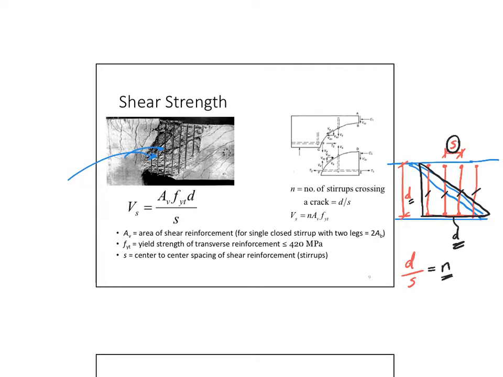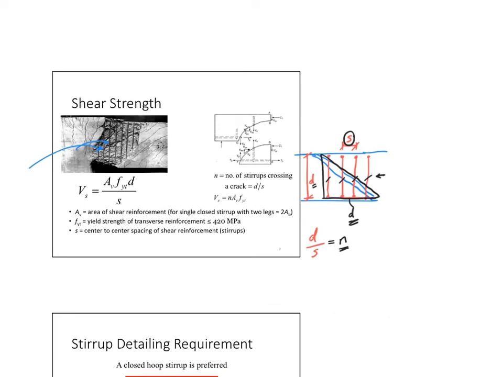Okay, let's look from this side. I'm going to look now from this side. Every stirrup, as this crack runs through, so I'm looking at the stirrup itself. Here's my stirrup. It will have to break how many legs within the stirrup? So I have to look at how many legs I have.